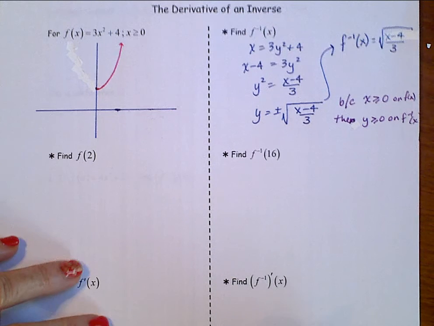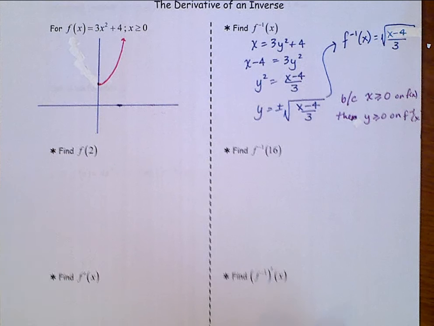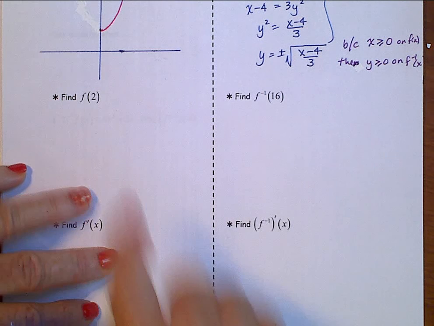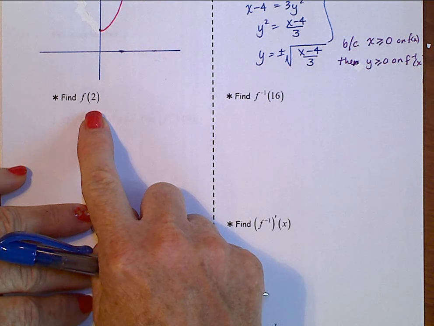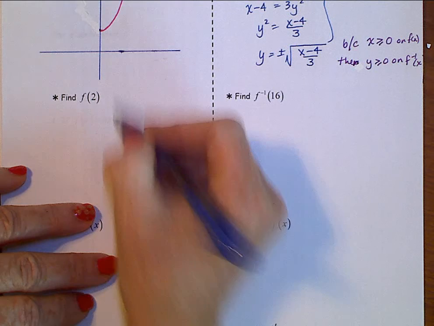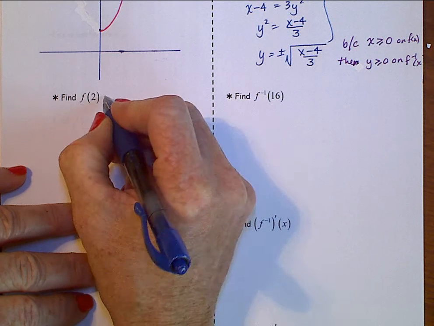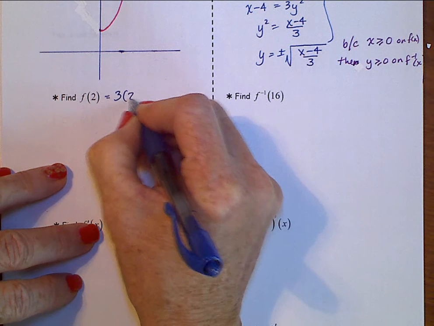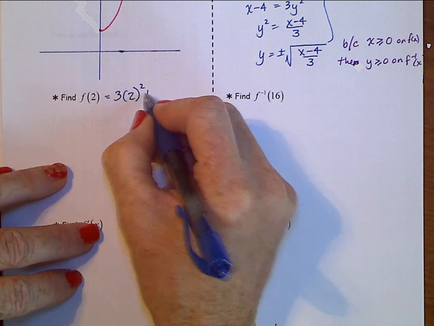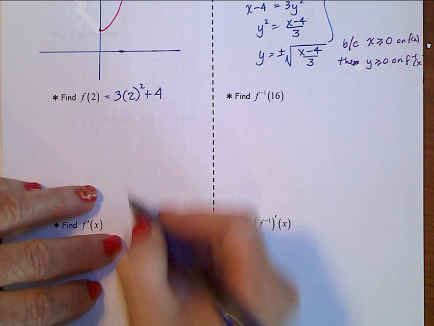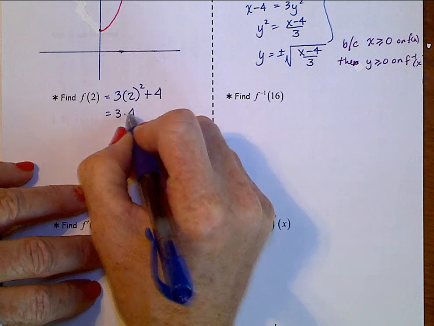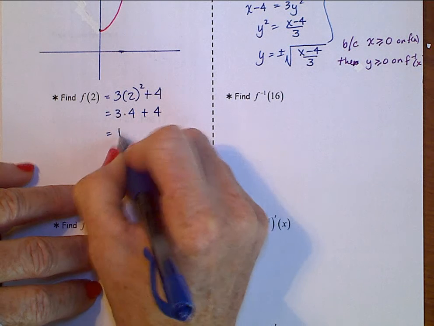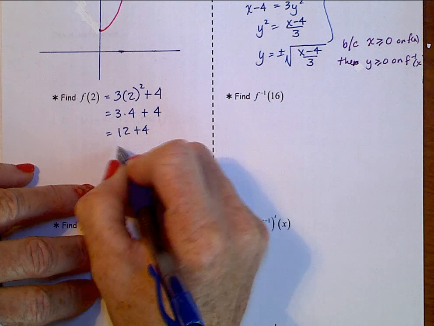Alright, now, coming back and thinking about our original function, can you find f of 2? Sure, we just plug 2 into the original function, so f of 2 is going to be 3 times 2 squared plus 4. 3 times 4 plus 4, 12 plus 4 is 16.